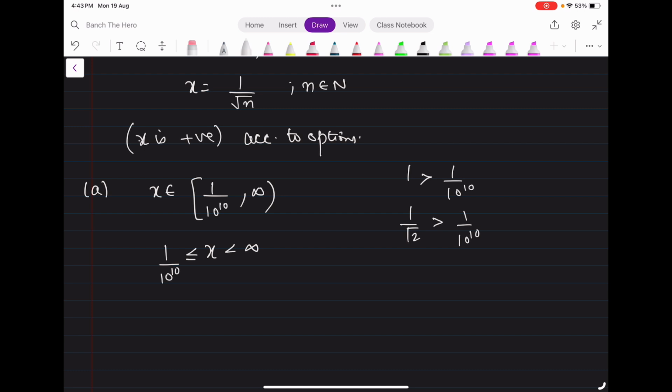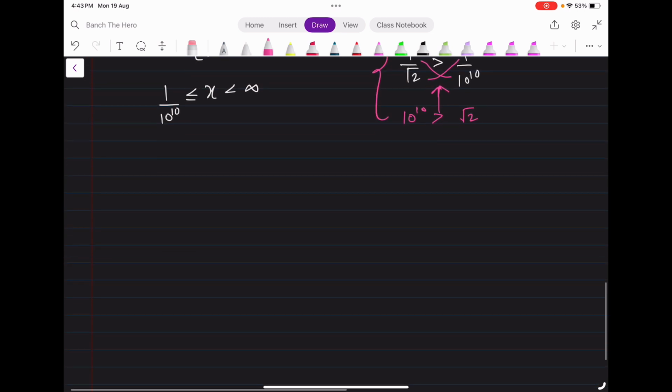This is the same as what we used to do in our junior classes. We used to cross multiply and check 10 raised to power 10 times root 2, which is bigger? This is bigger, so the same sign will be imposed here. Based on this understanding, we can write that 1 by root n is always greater than or equal to 1 by 10 raised to power 10. Why are we cross multiplying? Because n is any natural number, and moreover the root is always positive.